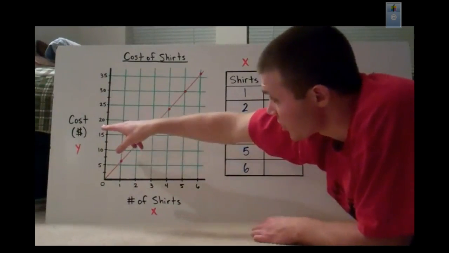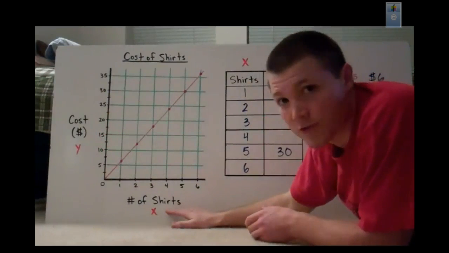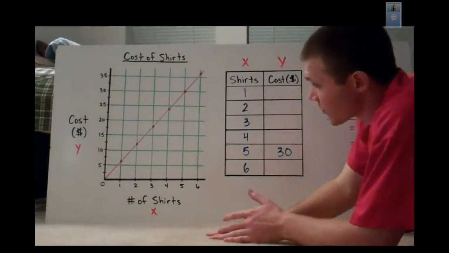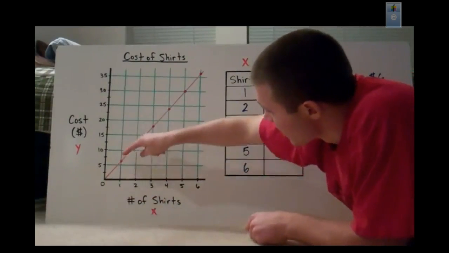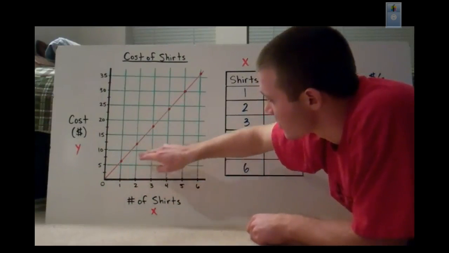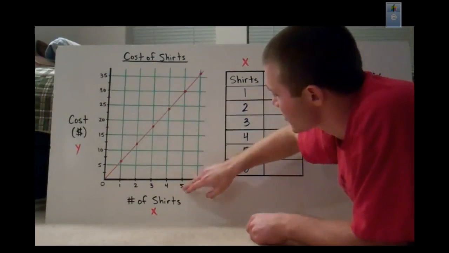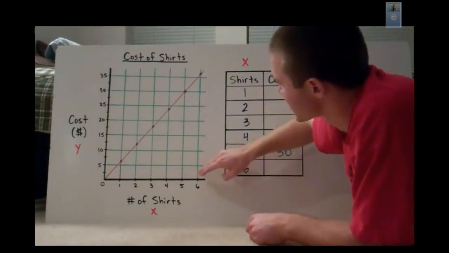The price we pay is dependent on the number of shirts we get. So for example, one shirt costs that much, two shirts that much, three shirts that much, four shirts that much, five shirts that much, six shirts that much.